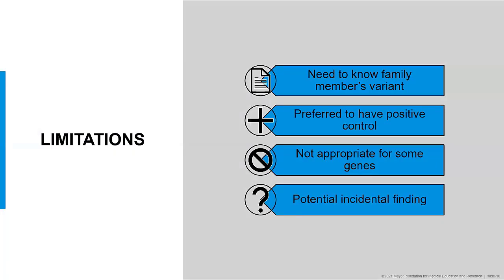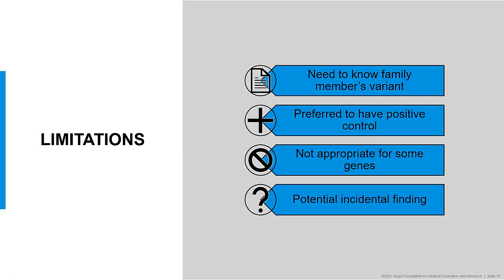While FMTT can be a very useful test, there are some limitations. First, you need to know and provide the variant for which we are testing. This can be a challenge if the family member was tested a long time ago, if they have a clinical diagnosis of a genetic condition, or if they are not in close contact with family members.